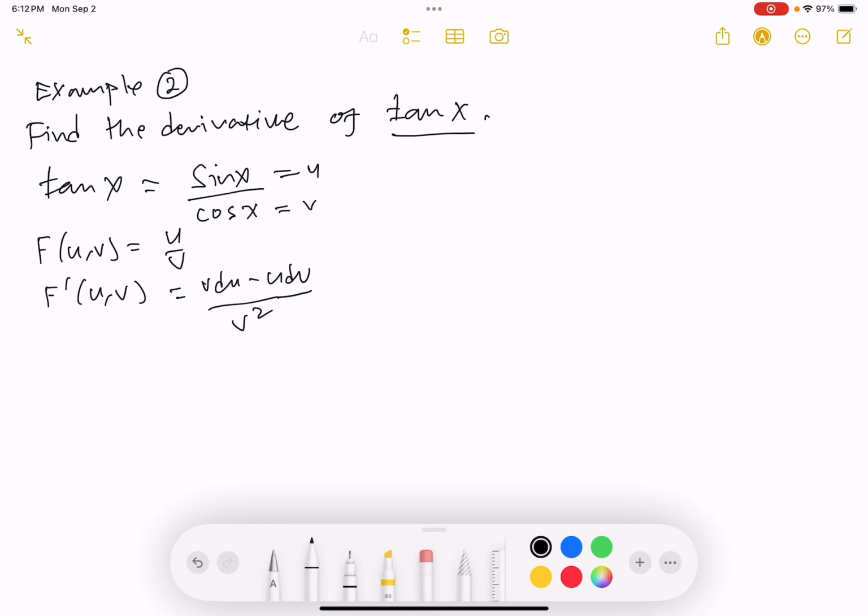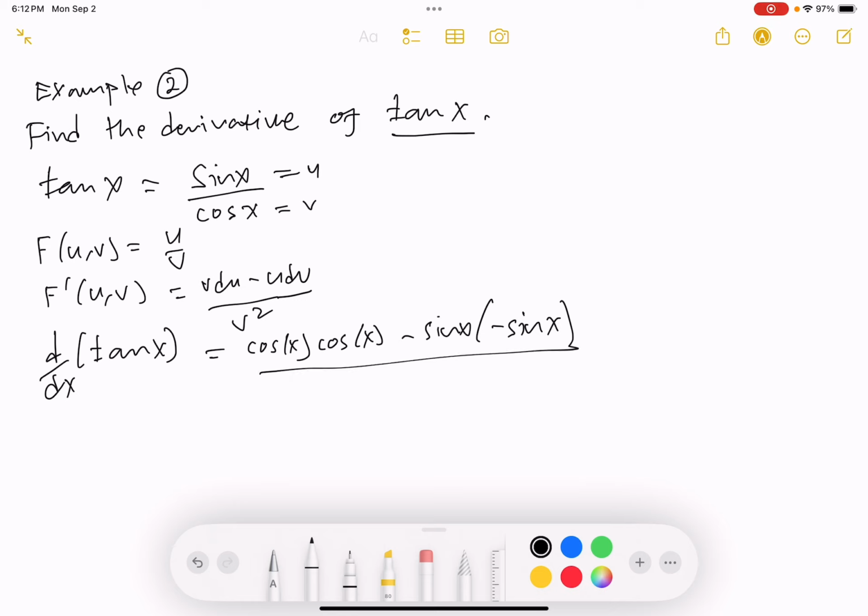So the derivative dx of tan of x is given by, what is your v, which is cosine of x, times the derivative of u, which is cosine of x, minus u, which is sine of x, times the derivative of cosine of x, which is minus sine of x, divided by v squared, which is cosine of x squared.